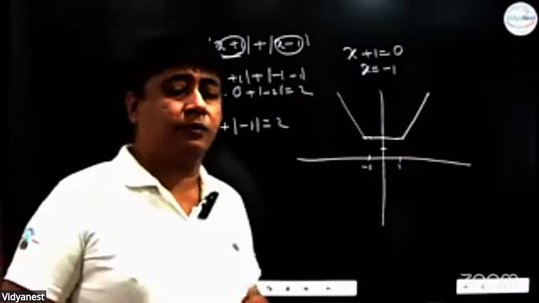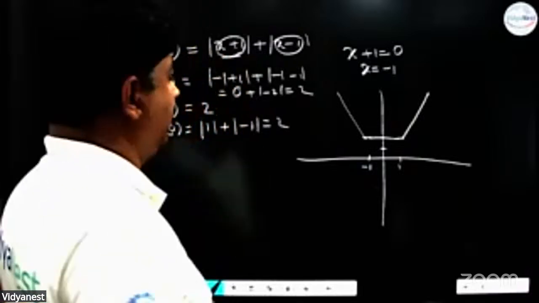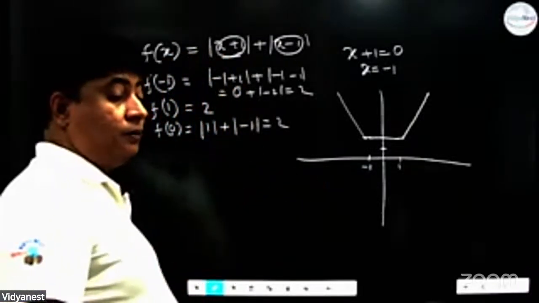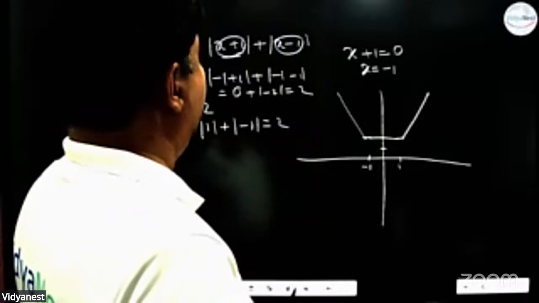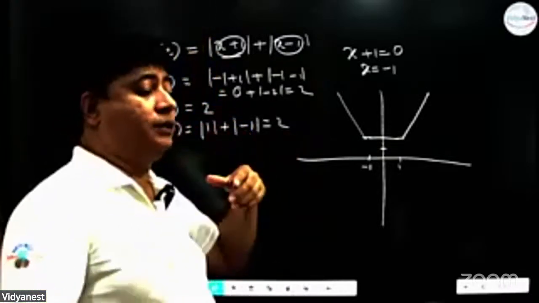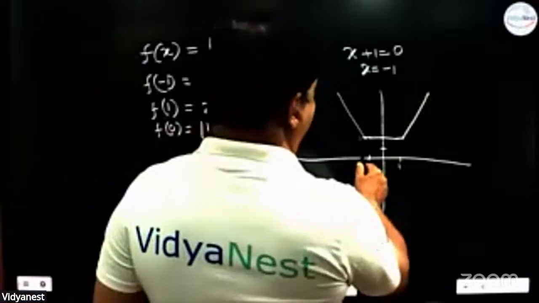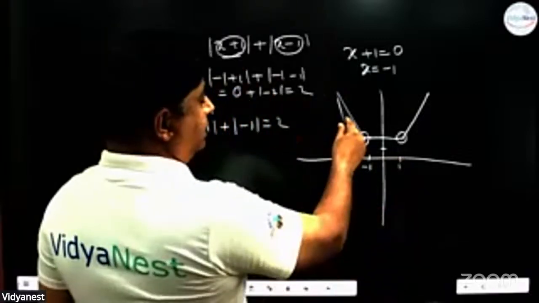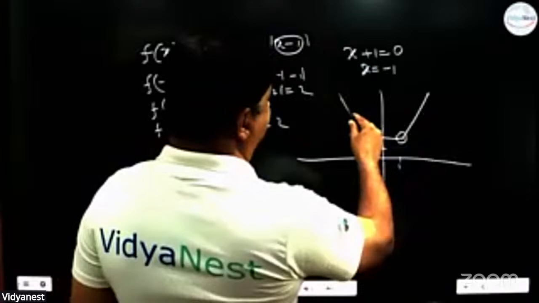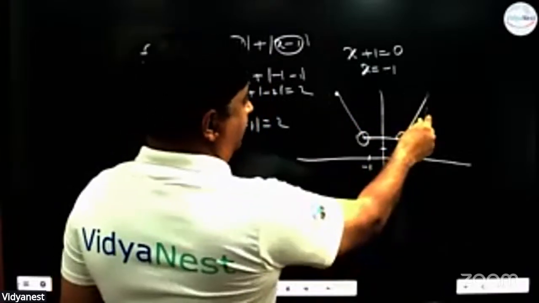Understand? Yes, sir. Now, you can ask me, what is the use of getting the graph? In exam, mainly in JEE, you will be asked to find the number of non-differentiable points. Here you get, it is not a smooth curve. Suppose you are standing here, you have to reach here.